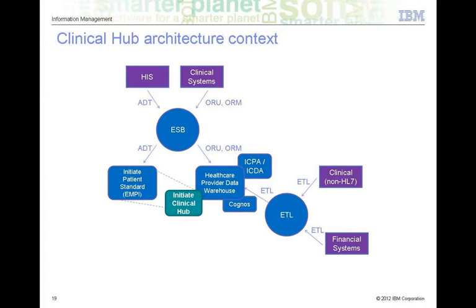So we see this as really a separate piece from a data warehouse that's supporting operational instances that are, again, de-identified, whereas the healthcare provider data warehouse, with Cognos or BI, whatever your favorite one is, is pulling in non-HL7 messages.